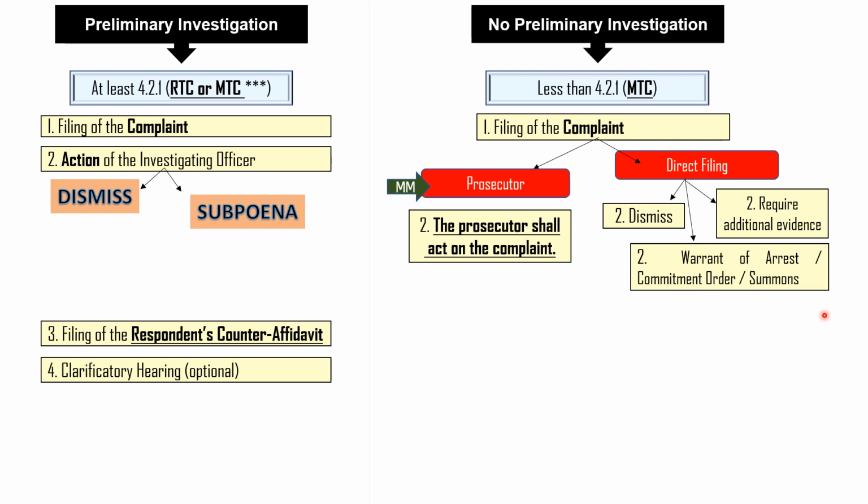Ang main difference talaga nilang dalawa is if a case requires PI, then the respondent has that opportunity to explain himself, to submit affidavits, documents, because he is given the chance to submit a counter affidavit. While here, in a case which does not require a PI, if you're going to read your Section 8, only Section 3, letter A, shall be observed, and that is the procedure.